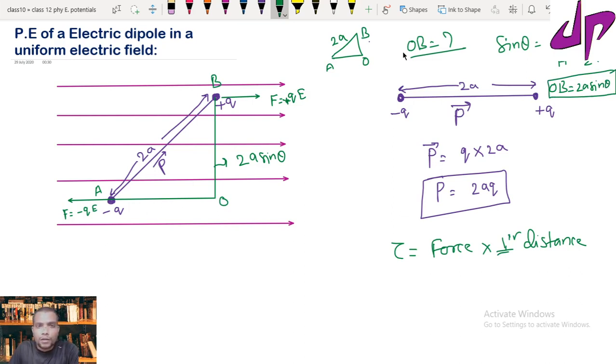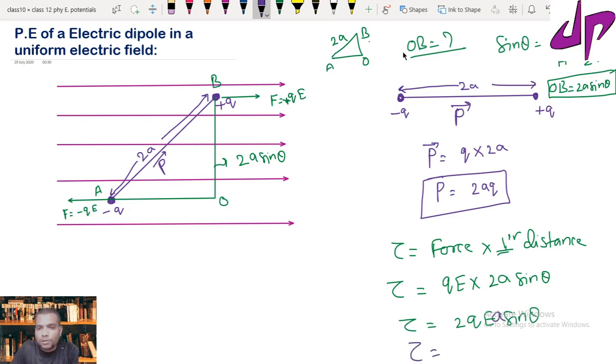Now for a dipole, we can define tau equal to the Coulomb force, you can take any magnitude, qE times 2a sin theta. So we can write that as 2qE a sin theta, that is tau equals 2qaE sin theta.